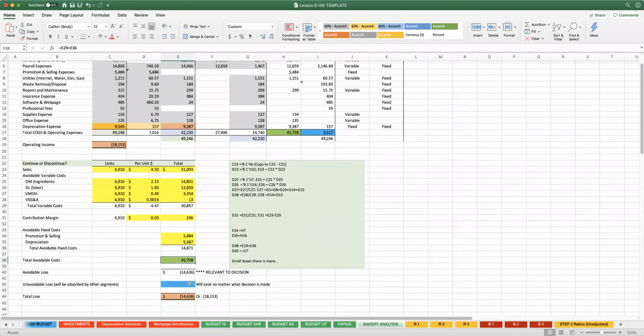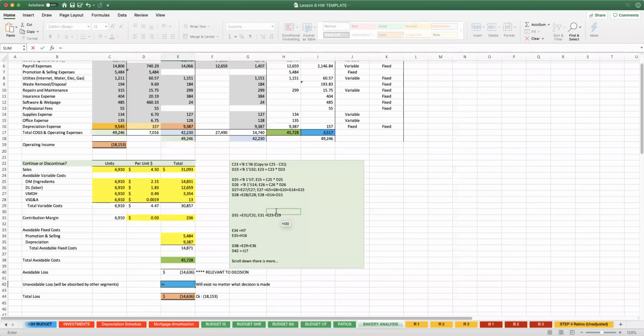Okay, so this is what you would save if you close the bakery down. So you do generate some revenue, but this is avoidable costs. So the net difference between the sales and the avoidable costs is what you would save if you close the bakery down. Now these costs exist no matter what, so you can go get those.